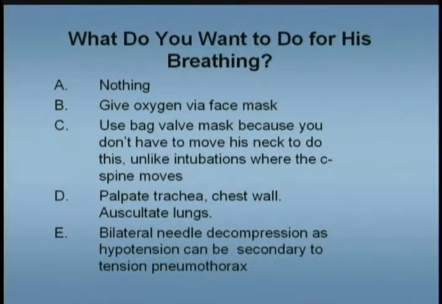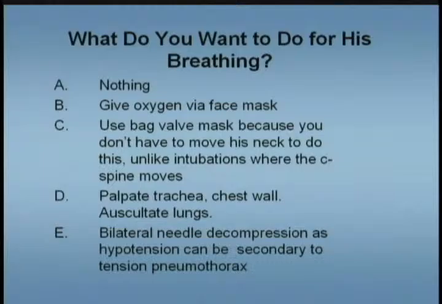What about his breathing? Here are the choices. Do nothing, give oxygen, put the face mask on and do ambu bag. Do I want to palpate his trachea, chest wall, and listen to his lungs? That would be choice D. Do I want to do bilateral needle decompression of his chest? What do you think?